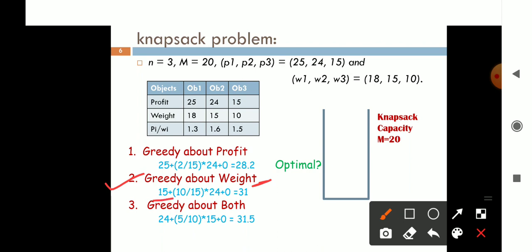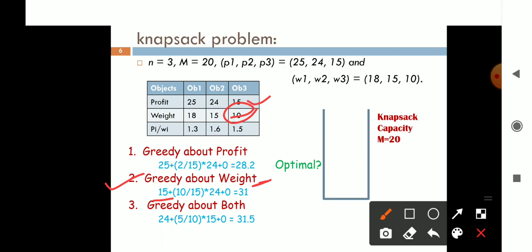The weight of the object is 15 here, and the 15 is nothing but the profit. Here the weight of object 3 is 10, so it is minimum. We are thinking about the minimum weight.